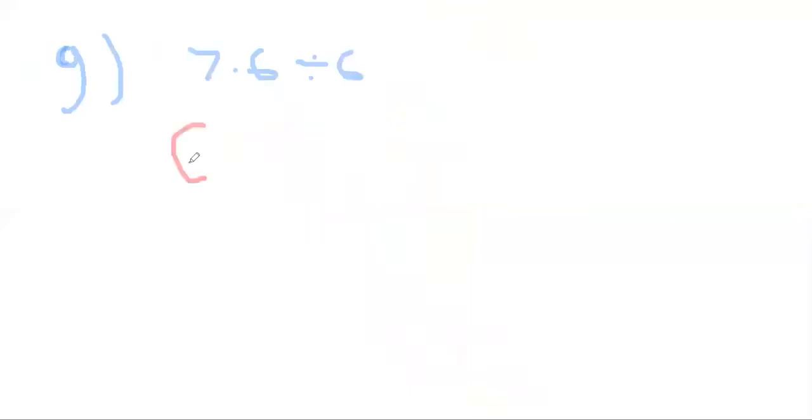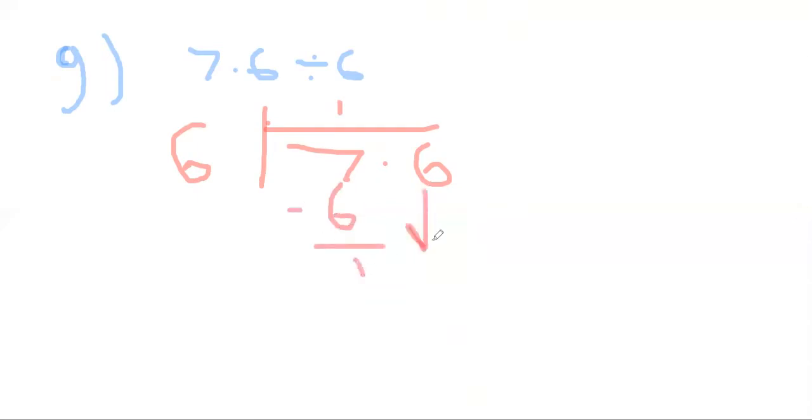What about this? Now it will be easy for everyone, because you have seen how to do them. 6 goes into 7 1 time, it will be 6 here. You subtract, you get a 1. You bring this down to be 16, right? So you put a point because you brought this down. So 6 goes into 16 2 times, because 2 times 6 is 12.